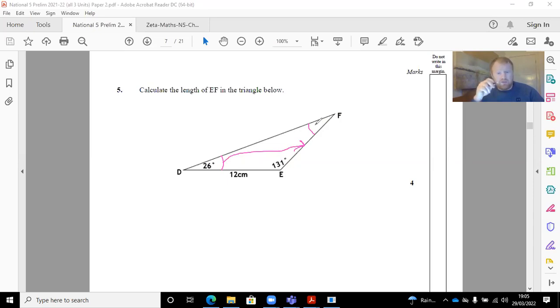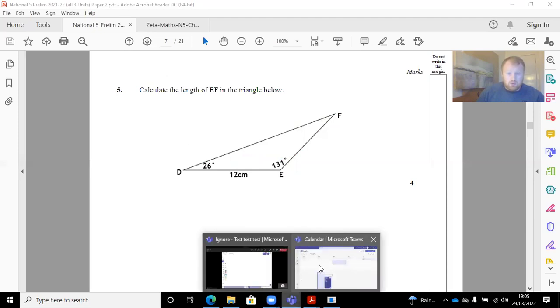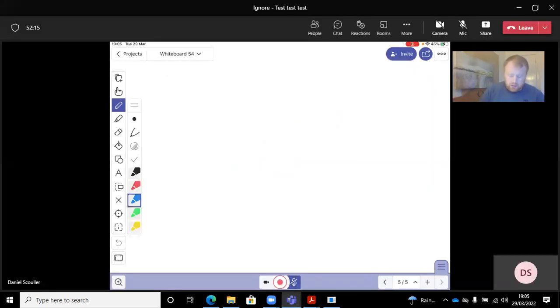So angle DFE is equal to 180 minus 131 minus 26, the two angles that you're given.